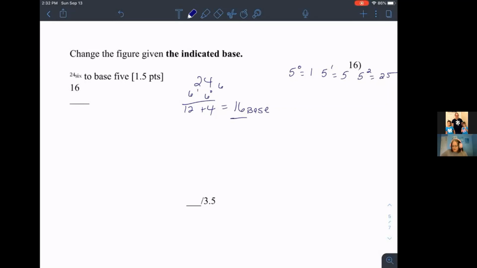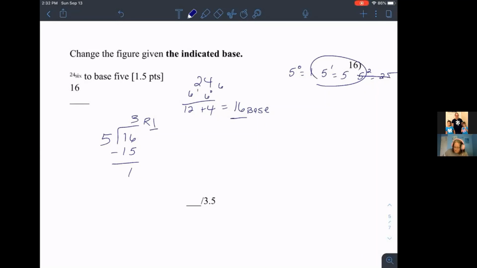We know that 25 is too big, so we're going to start with 16 divided by our first group, the 5. So 5 times 3 is 15. It's going to give us a remainder of 1.